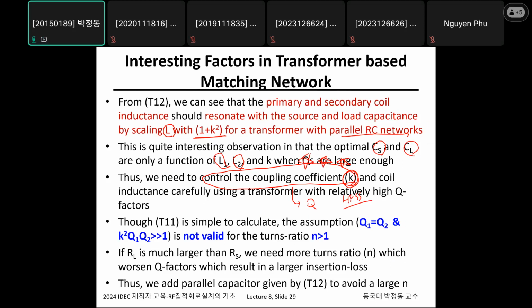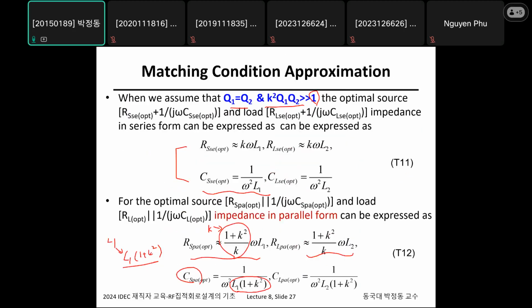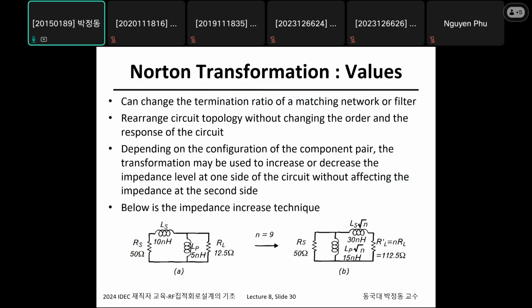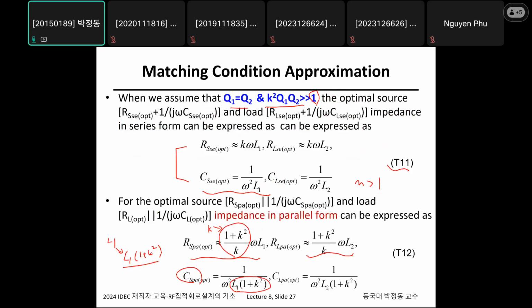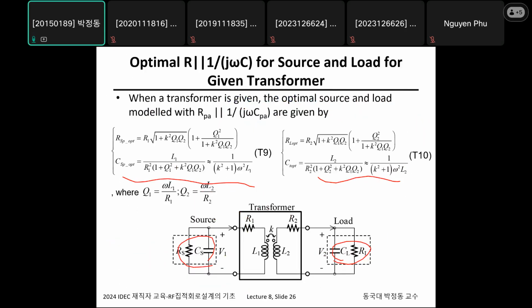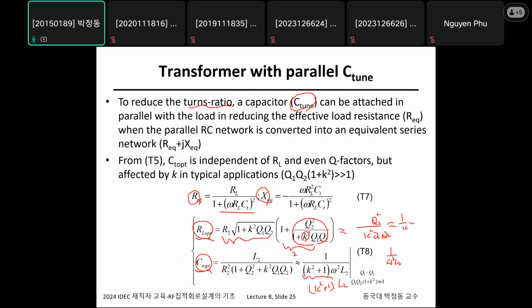Also, equation T11, this T11 is valid, right? This is not valid when n is larger than 1. We assume n is 1, because this assumption is used. If n is different, we have to use the original equation.